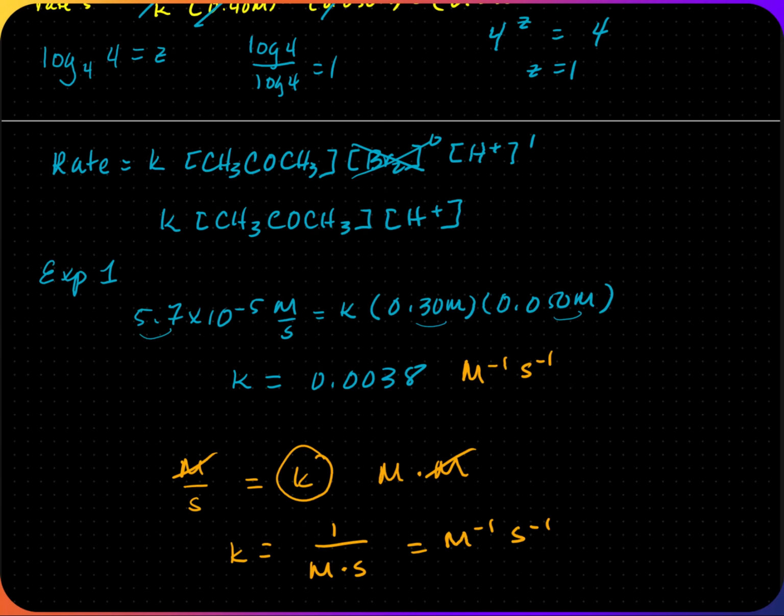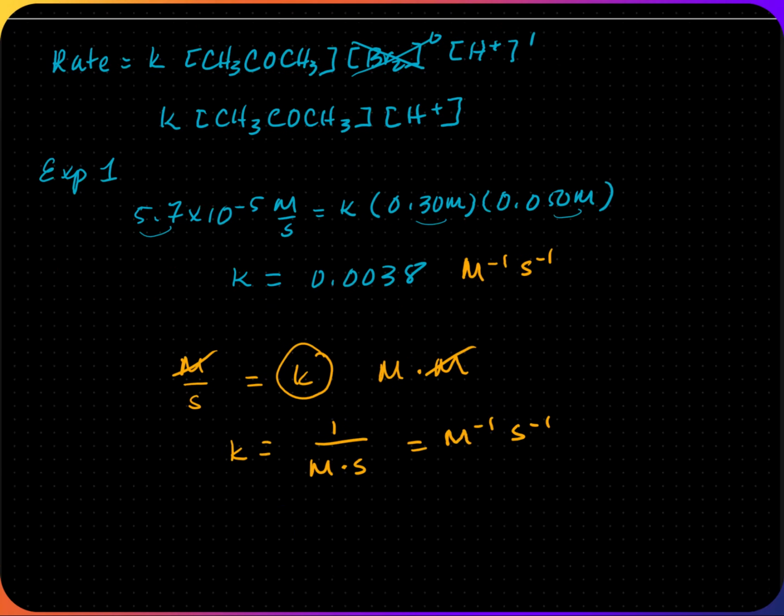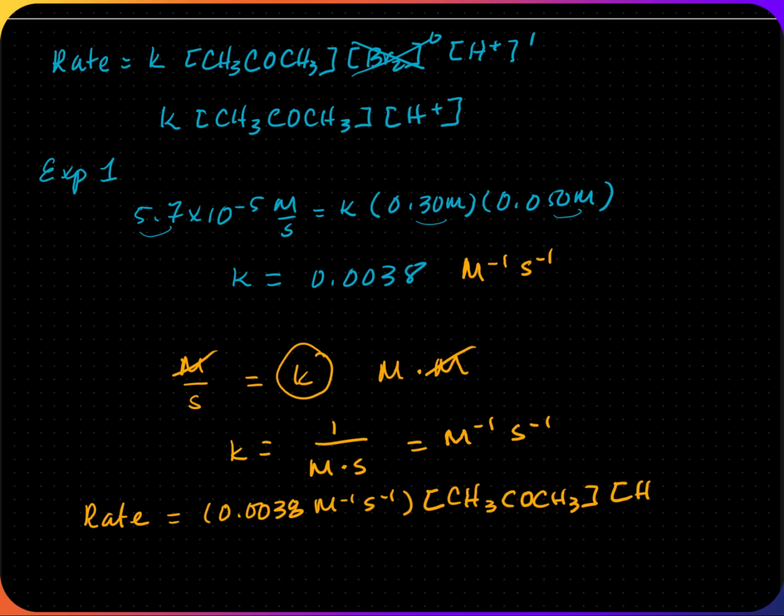So that is my answer. So if I rewrite the equation, this becomes rate equals 0.0038 times the acetone times H plus. Overall reaction order is going to be 1 plus 0 because the bromine was 0, plus 1, so it's a second order.